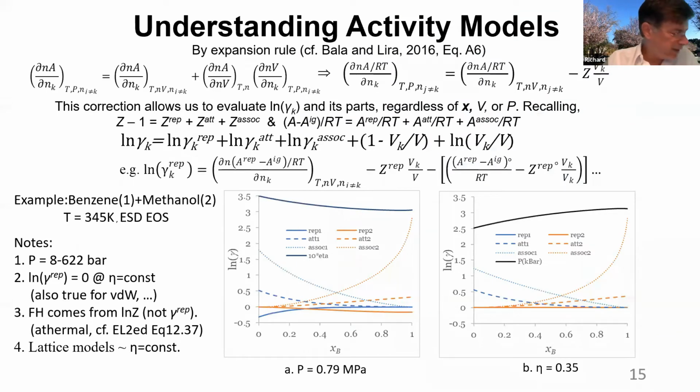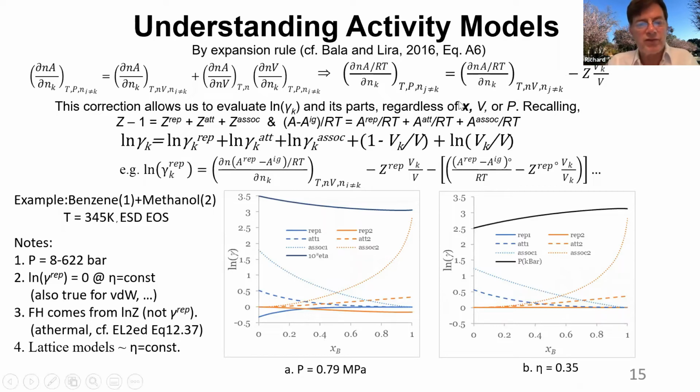I wanted to spend a little time talking about understanding the activity models. If you look at the activity coefficient at a constant pressure, you see that there are three components. If you want to decompose the activity coefficient into its different components, you've got to apply the expansion rule and make sure that you've got each component identified individually.